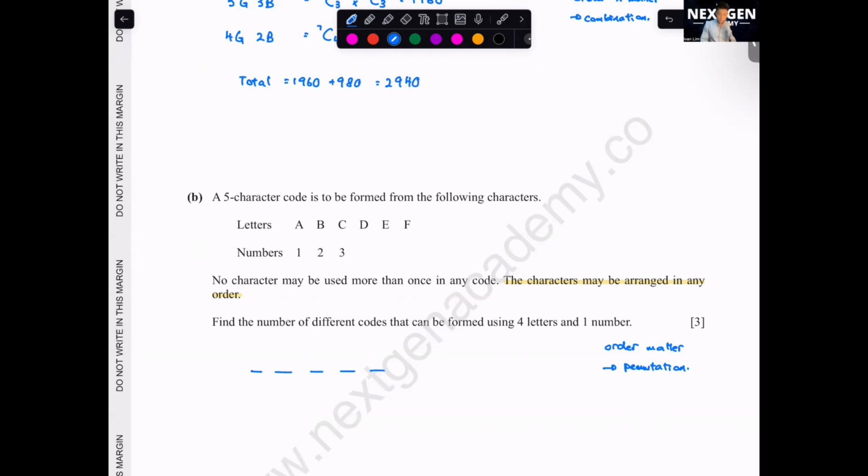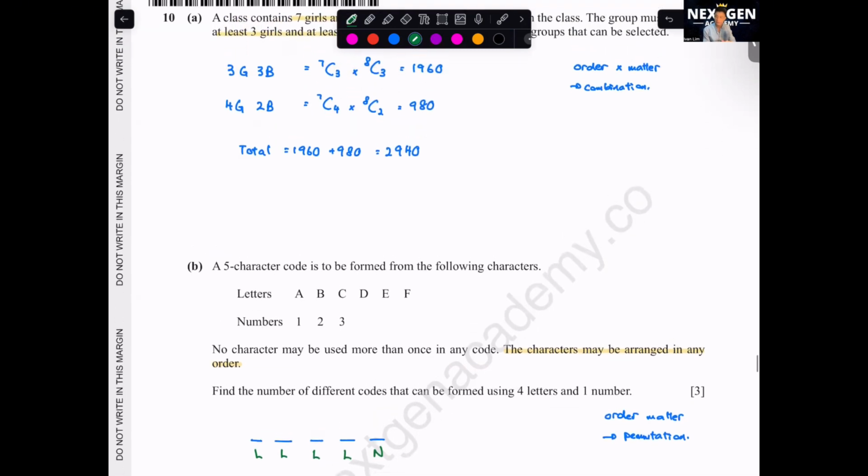We can put letter, letter, letter, letter, number. Is this the only way we can arrange? Read the question properly. Characters may be arranged in any order. How else can you arrange this?